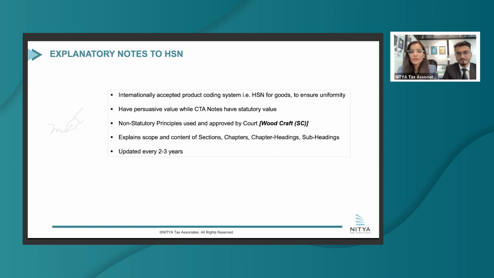We can consider them akin to circulars under our normal law: they are not part of the statute, but they can definitely help in understanding the scope of chapters and sections in a better manner. These are updated generally every 2 to 3 years, so we need to keep updating them to reach the correct classification.